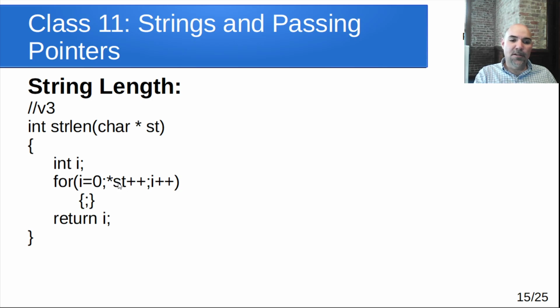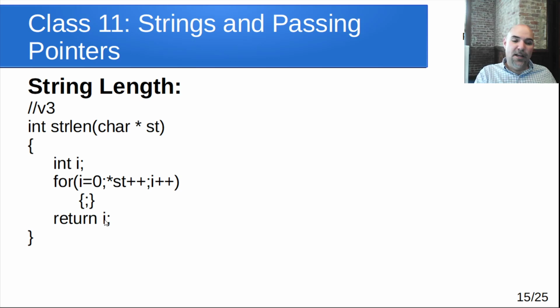It's getting the thing pointed to by st, but also incrementing st at the same time. So in other words, since that's a post increment, it's going to look at it before it was incremented. Give me what the thing pointed to by that is, which is going to be the first character in my string. But when I looked at it, if it wasn't 0, then the next time through, I'm going to be at the next one because I did a plus plus on that. And then my I is still counting up the count, and I'm going to return I at the end.